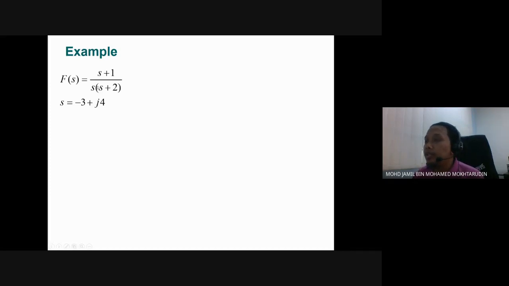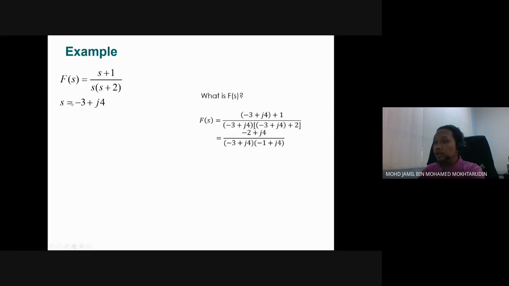Okay, let's say you are given a transfer function f equals s plus 1 divided by s times s plus 2. And then you are given s equals minus 3 plus j4. So first what you need to do is substitute s into the transfer function. So here I already substituted.